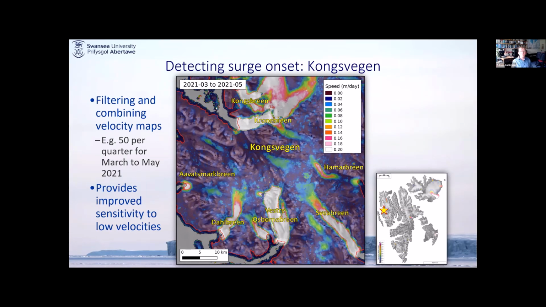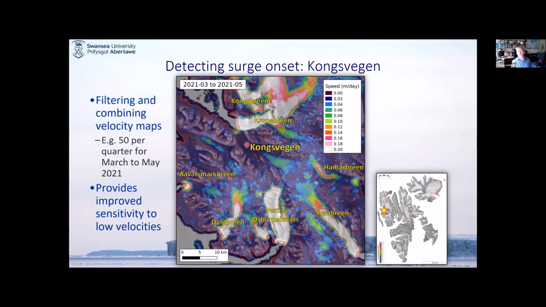But by combining velocity maps, and I've tried a variety of techniques, here I'm showing you quarterly velocity maps, we can understand the dynamics changing on a much more sensitive scale. And that hearkens back to what Jack was telling us on Tuesday.